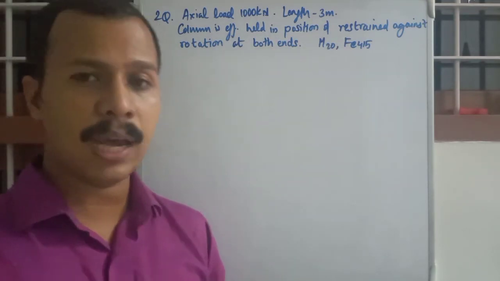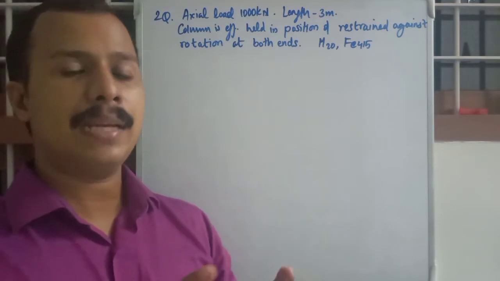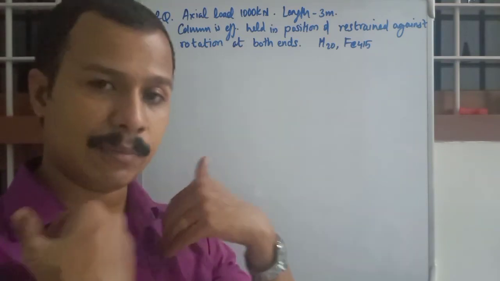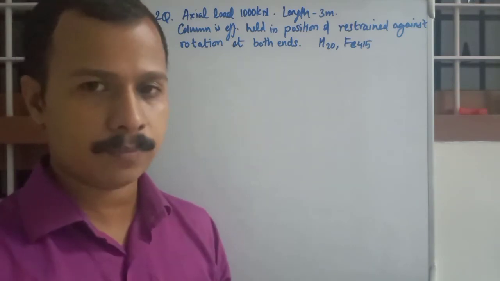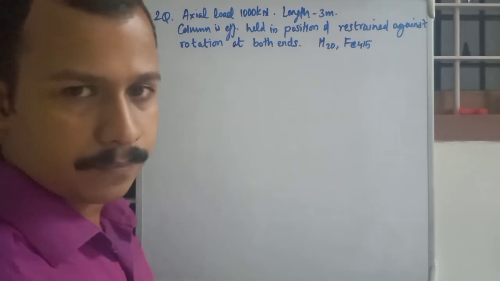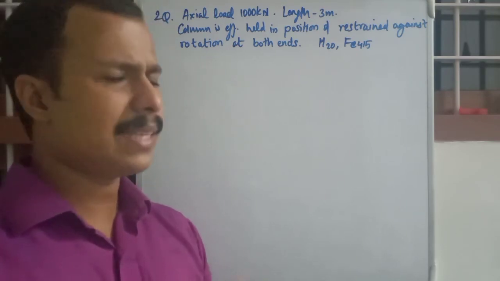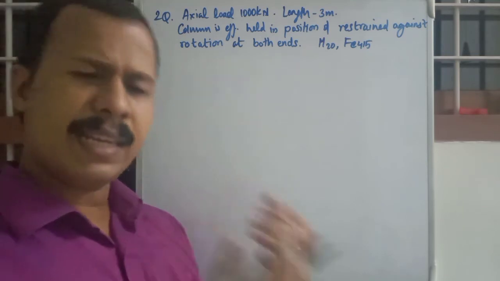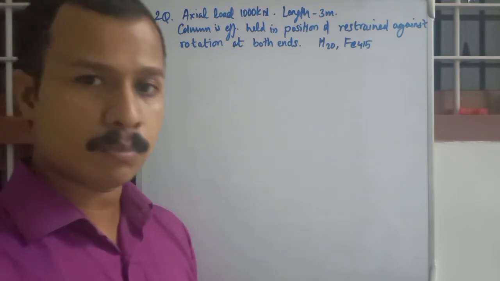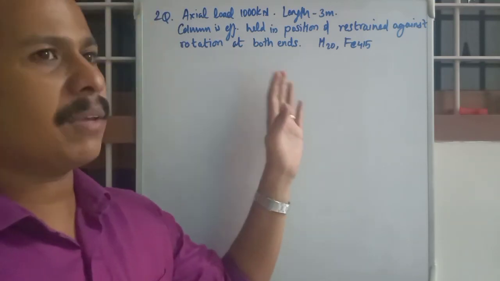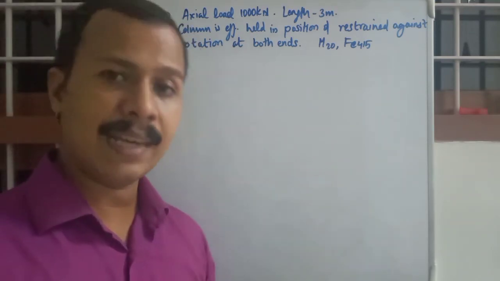As you can see, you have not been given any dimension of the column. So you have to design the dimension. There is actually very little work to do. It is actually kind of simple with respect to eccentricity and all. The previous one was a rectangular one.